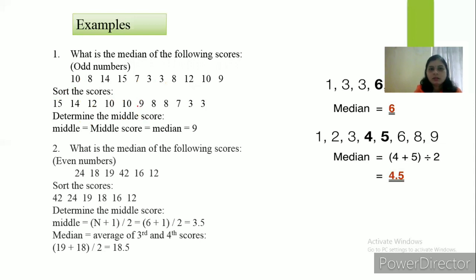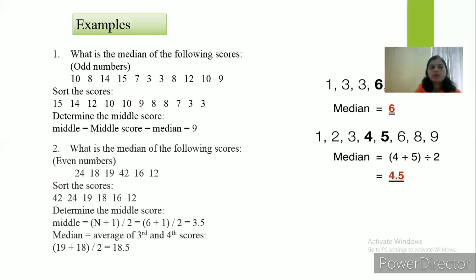The middle one is 9. 13 observations, and the middle one is 9. Directly for the odd number, we calculate this median, with the middle score being 9.